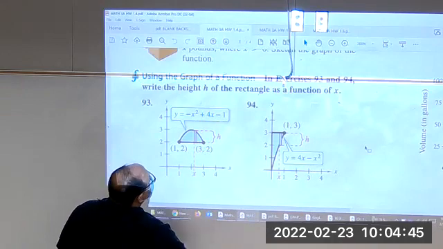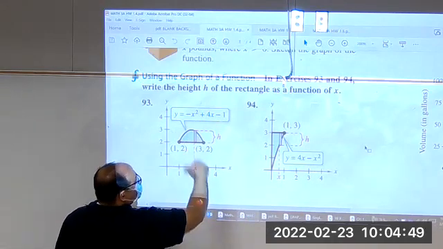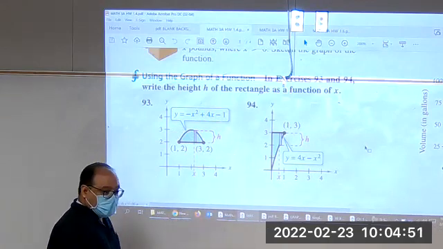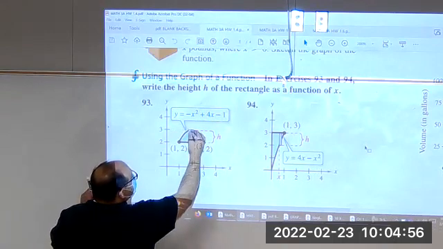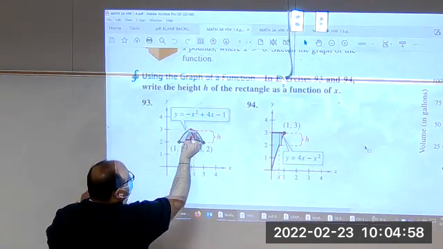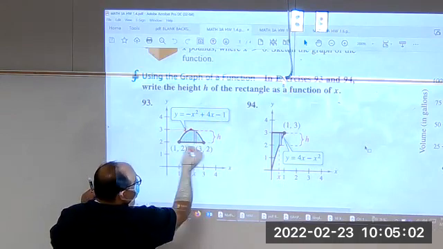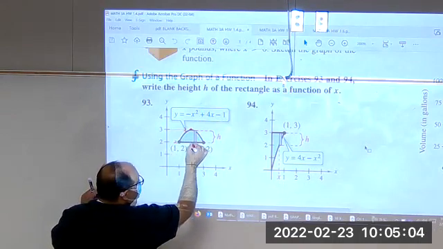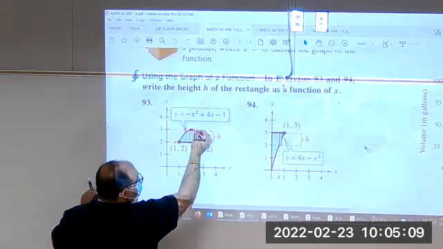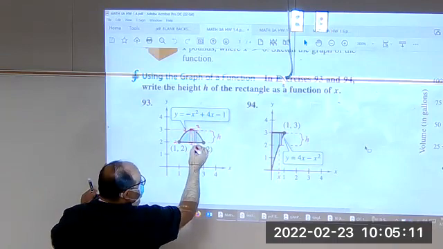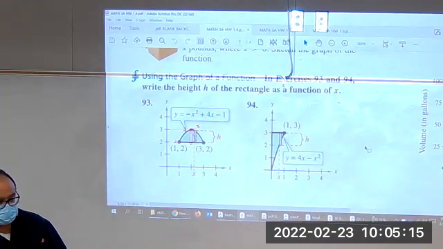We want to know what is the height of that rectangle as a function of x. So let me just use a couple of numbers. This highest point looks to be at a 3. This down here is a segment that has a height of 2. So if we took this rectangle that was right here, so the highest point is a 3, this is a 2, what would that height be? 1.